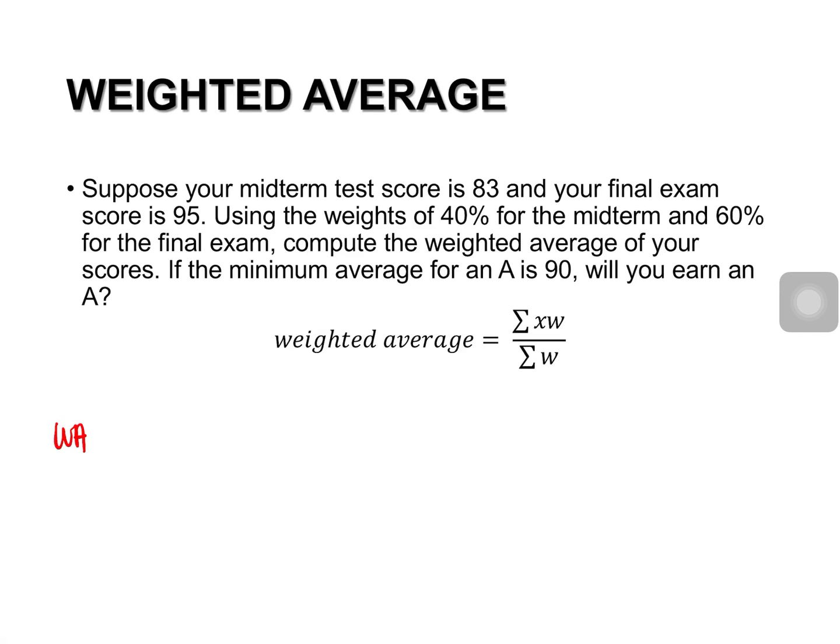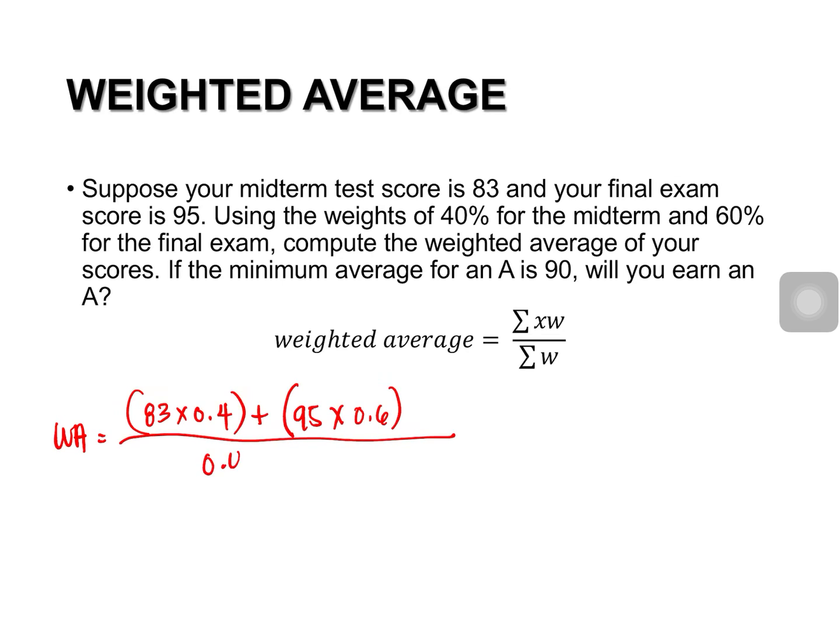We have here, weighted average is 83 times 0.4 plus 95 times 0.6 divided by 0.4 plus 0.6, and that gives us 90.2. So will you earn an A? Of course.